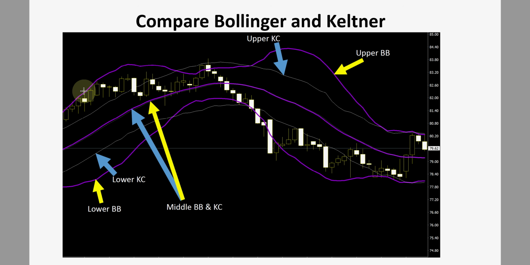When volatility is high, the Bollinger Band goes a bit wider, whereas the Keltner Channel remains fairly straight, remains consistent. Okay, that's the difference between the two of them, the type of moving average used and also the way they are being calculated. One is calculated by standard deviation, the second is calculated by the ATR.